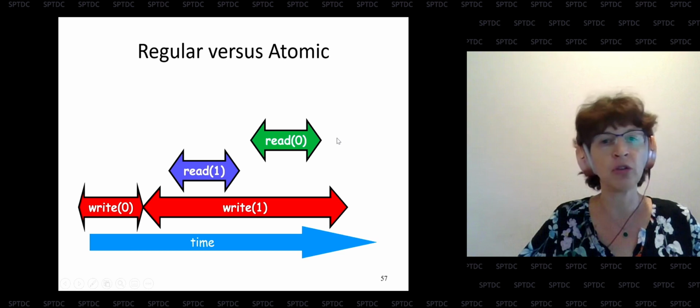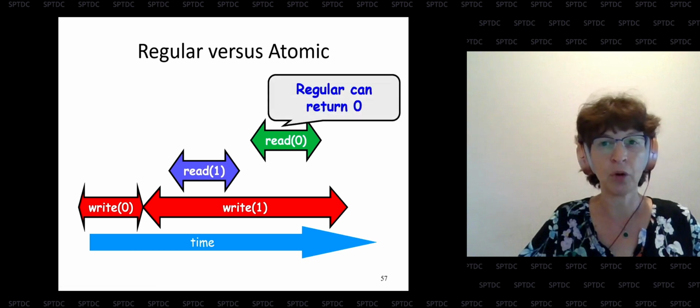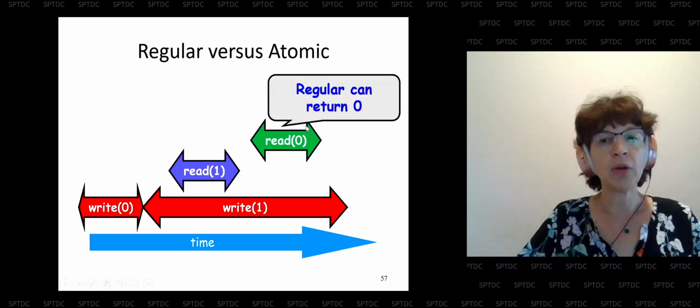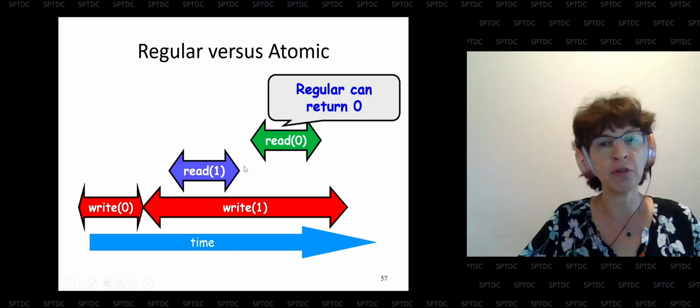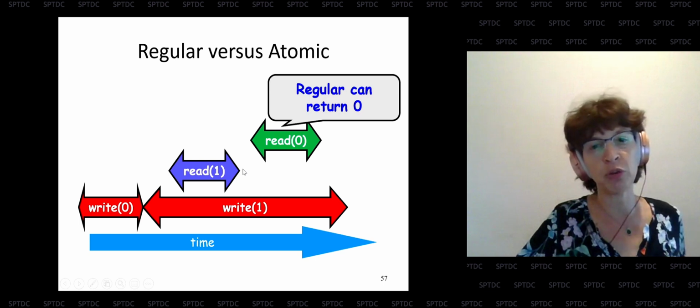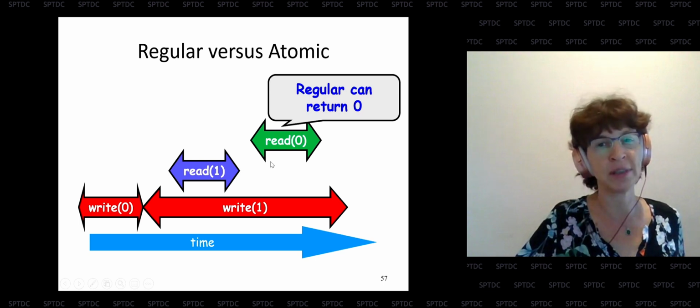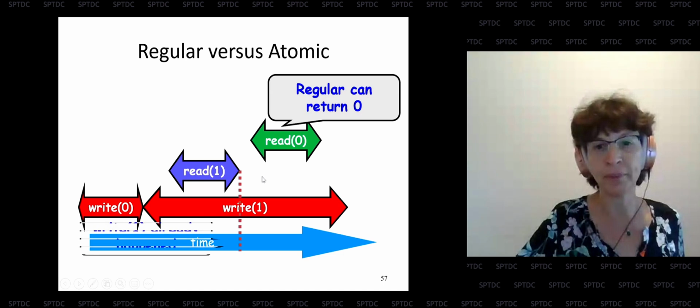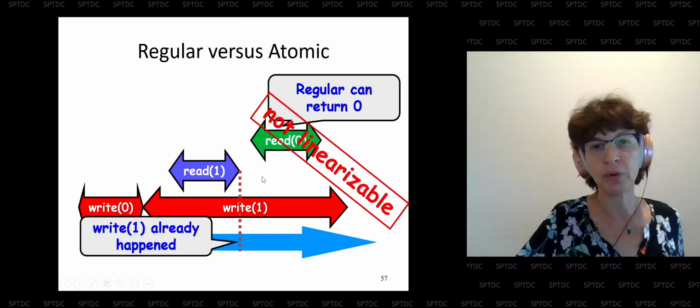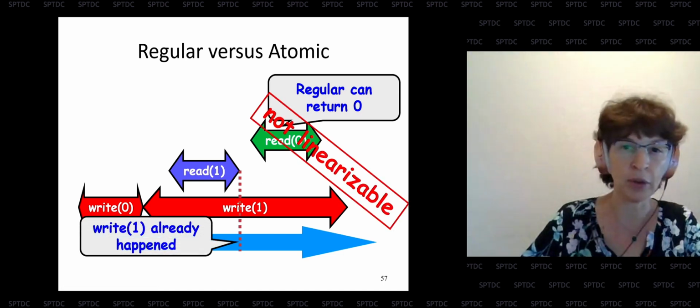This execution is actually not linearizable. For a regular register, the green read, even though it follows the blue read, is allowed to return 0, because the rules of the regular register just say it has to return either the write that completed before it began or any overlapping write, but it doesn't have to be in order on the reads. So this is not linearizable, but it is regular.